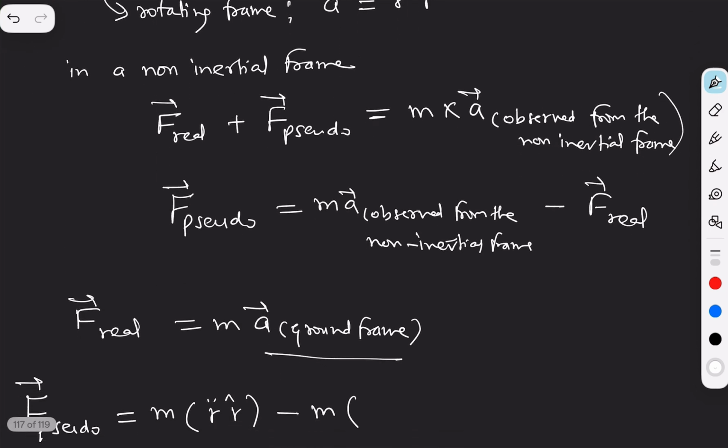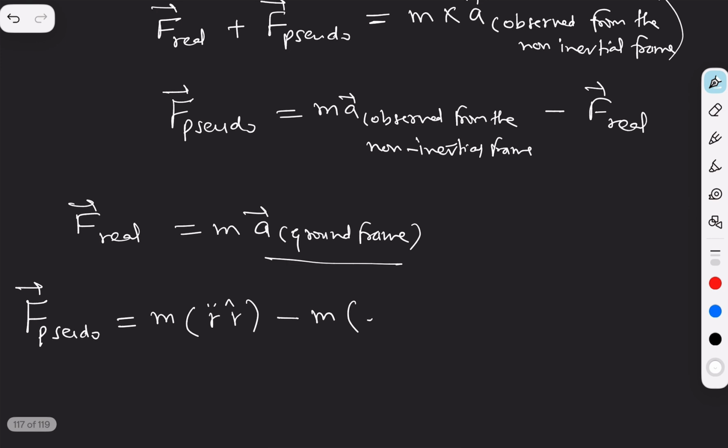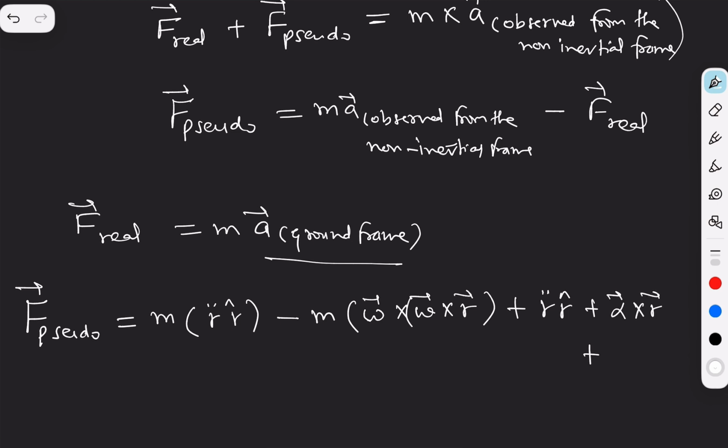If I put that here, I'll get omega cross (omega cross r), plus r double dot r cap, plus alpha cross r, plus 2 omega cross v rot.